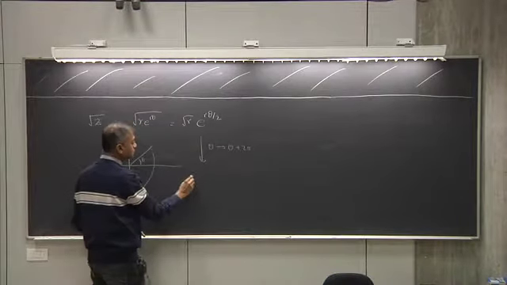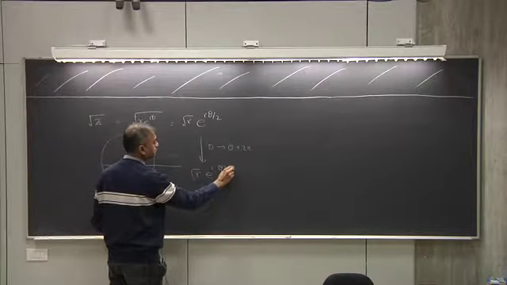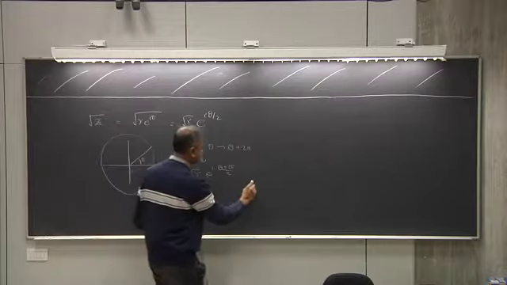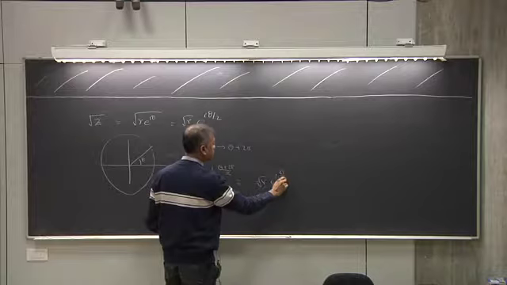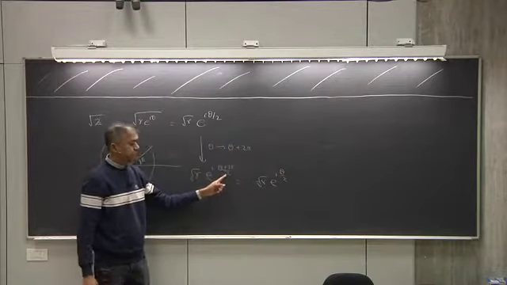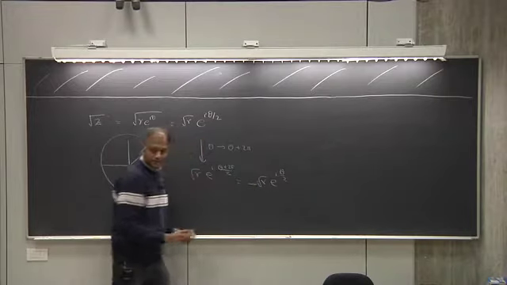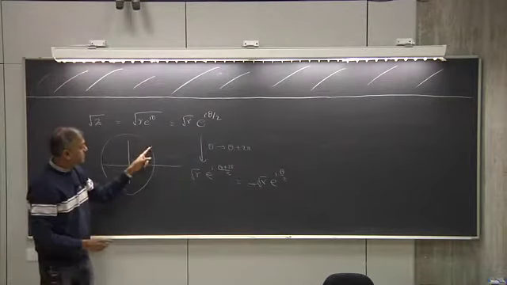This will go to square root of r times e to the power of i (theta plus 2 pi) by 2, which is square root of r e to the power of i theta by 2 times e to the power of i pi, which is minus. So you see this function is not single valued.